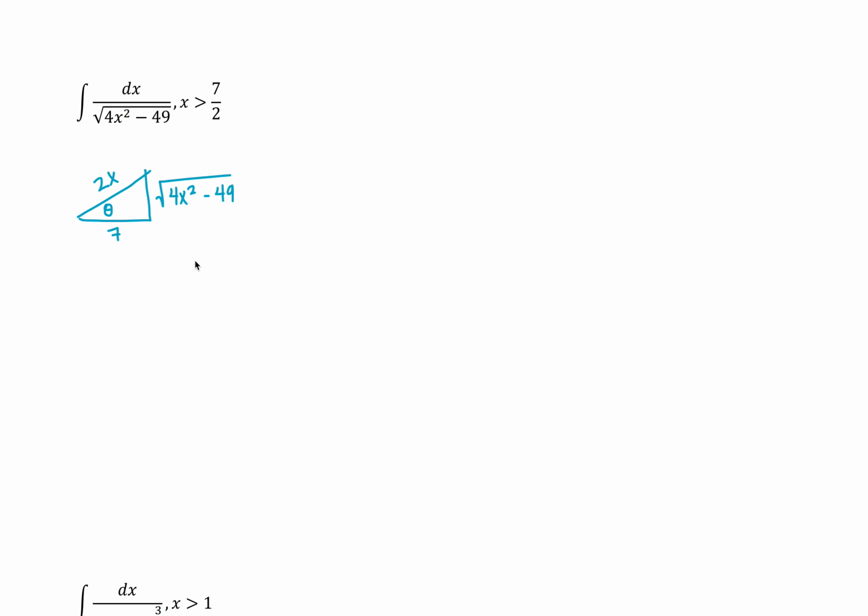In this case, I want to first solve for x, and the secant of theta is going to be hypotenuse over adjacent, so it's going to be 2x over 7. If I take this and solve it for x, I get that x is 7/2 secant theta.